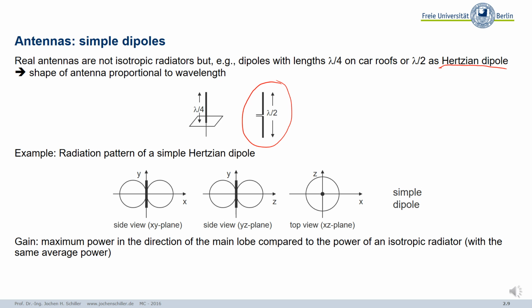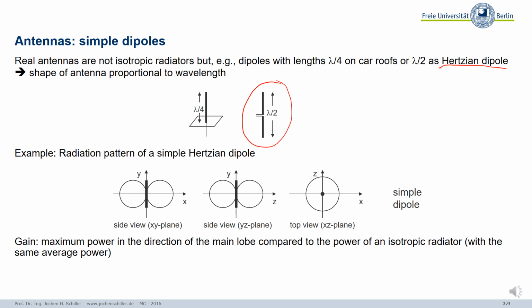Okay, so this is why the wavelength, that means the frequency, directly influences the size of the antenna. Think of lower frequencies. Lower frequencies have huge wavelengths, that means huge antennas. So for long wave systems, you need these 100 meter high antennas. And for today's communication systems, well, you have some millimeters of antennas.